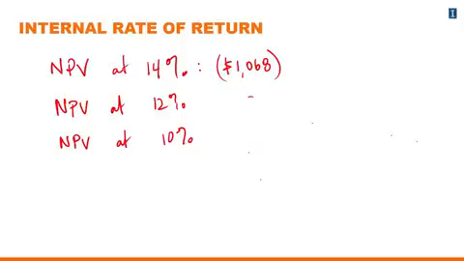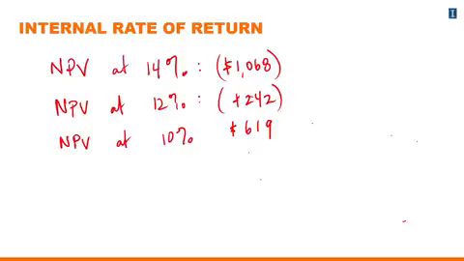Calculating the net present value of the project at the 12% discount rate yields negative $242. So the net present value is still negative using a 12% discount rate. And when I calculate the net present value of the project at a 10% rate, via a series of calculations, I would find out that the net present value using that rate is positive $619.